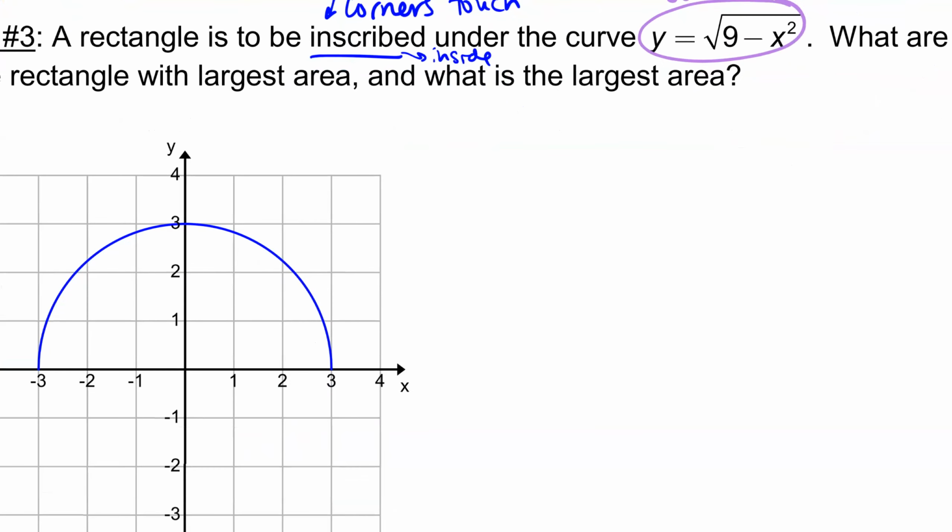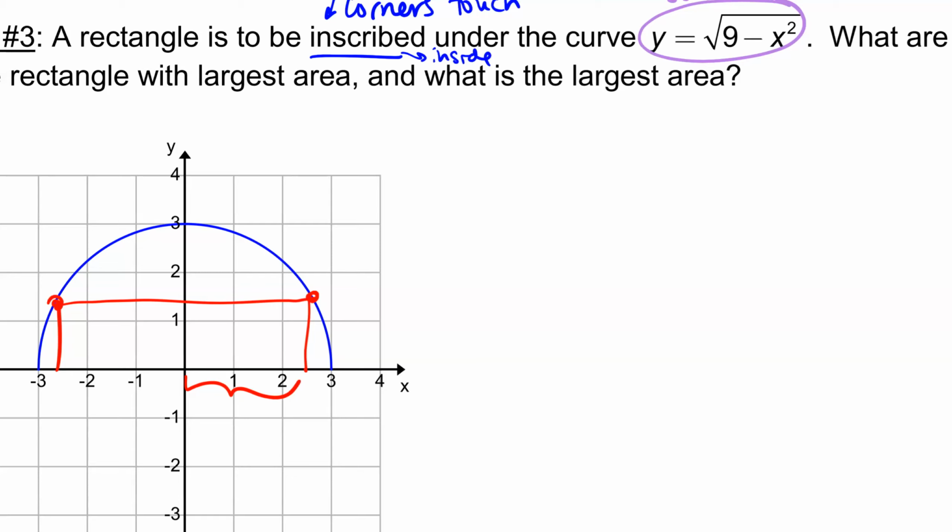So my rectangle could look something like this, because the corners touch. What is the width of my rectangle? Do we know what this length is right here?